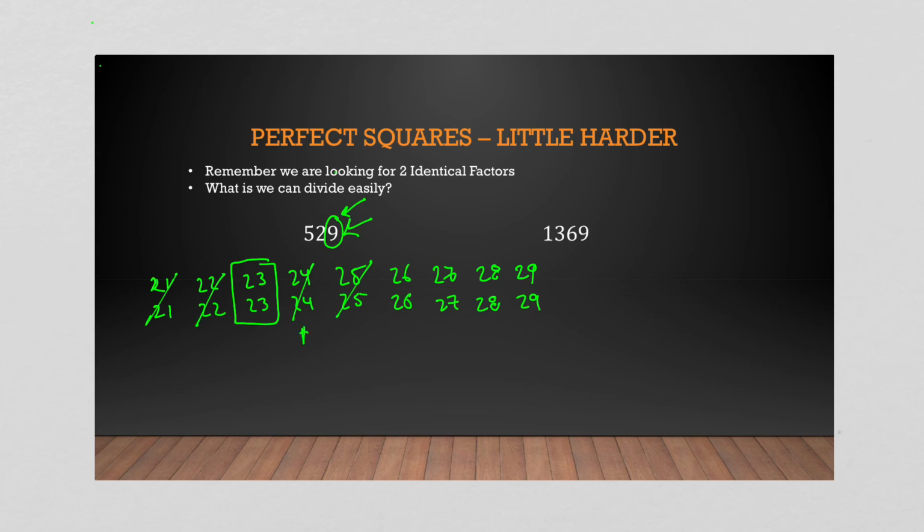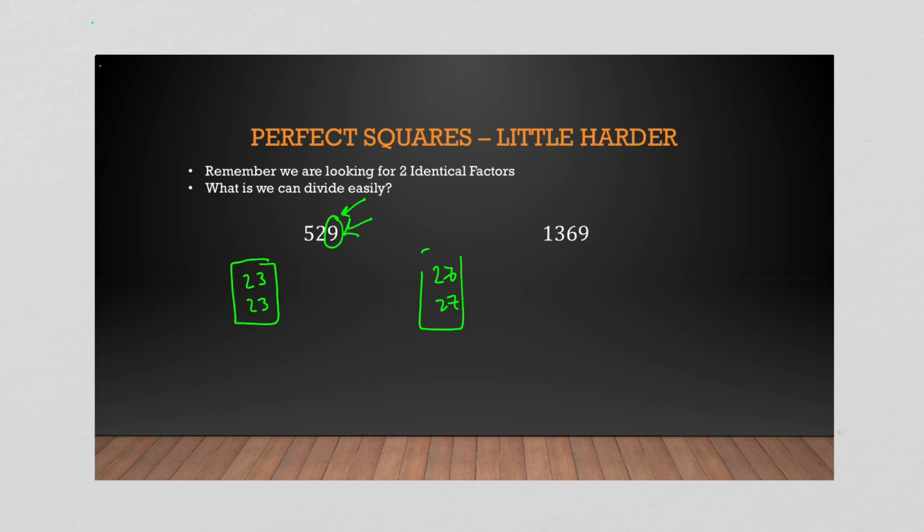Ends in a 6, ends in a 5. 6 times 6 is 36, ends in a 6. 7 times 7 is 49. Ooh, 49. So this is a possibility. 8 times 8 is 64, and 9 times 9 is 81. So all of those are never going to multiply together to give you 529. So you get to this point, and you go, okay, well then it's got to be one of these two.